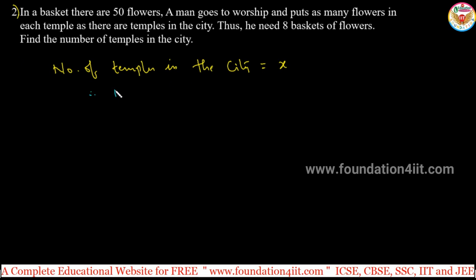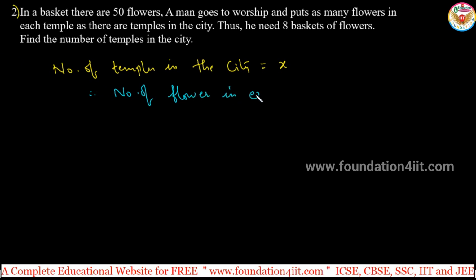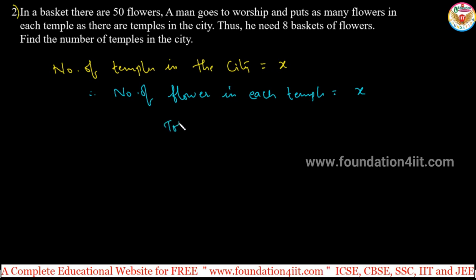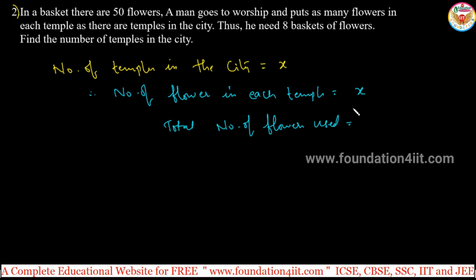Therefore, the number of flowers in each temple is also x, and the total number of flowers used is x into x, x square. The total number of flowers used is equal to x into x, x square.